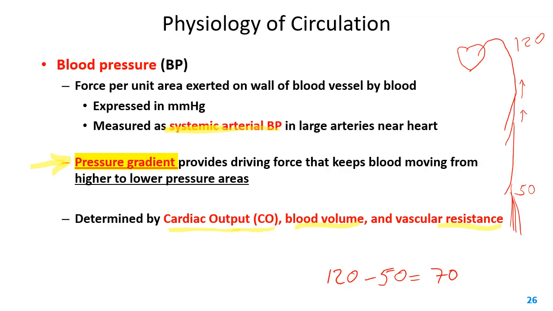If by the time you get to your capillaries this gradient has dropped a lot, so that you don't have enough pressure for filtration, that is going to send a signal to your heart that it has to pump harder. So a lot of resistance from your arteries is going to tell your heart, pump harder.